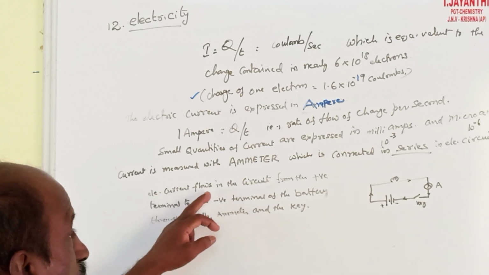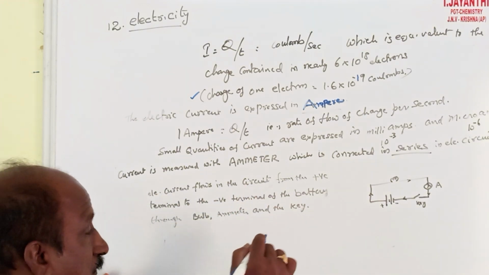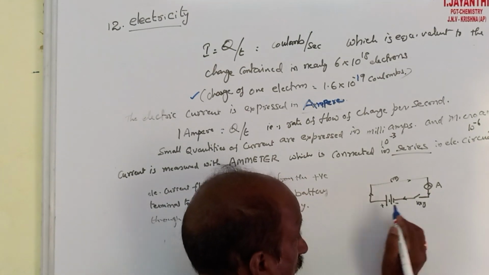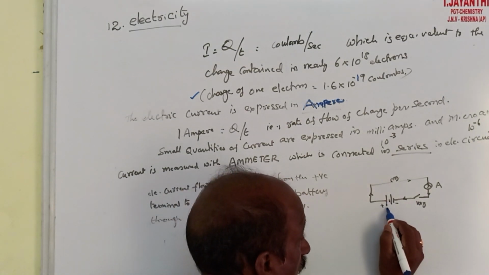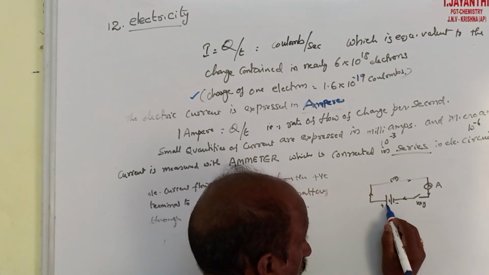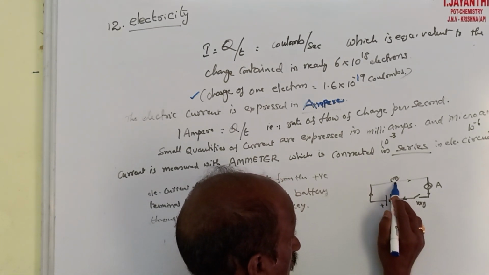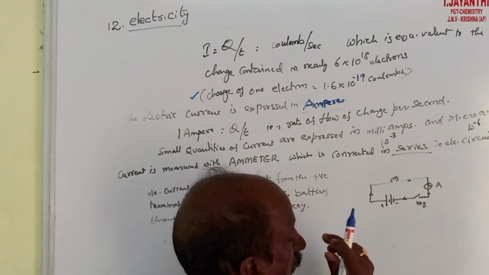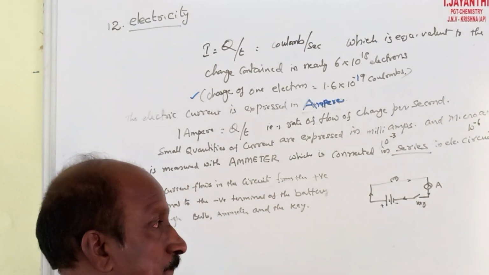So electric current flows in the circuit. Here I have presented the electrical circuit once again. We have connected the circuit using the battery, bulb, ammeter and a plug key.